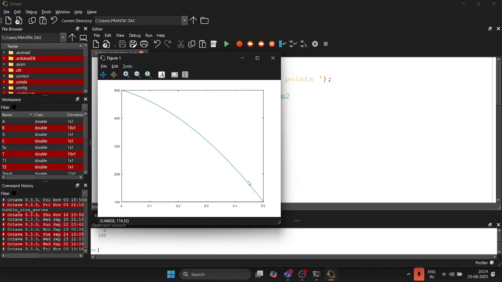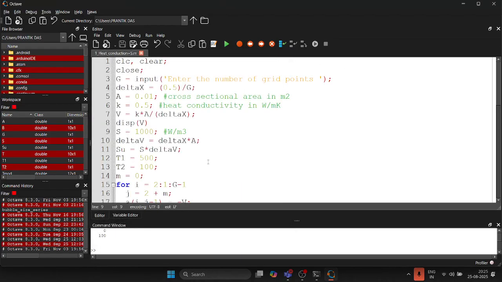So with the introduction of a source term inside the domain itself, the temperature profile becomes a parabolic one. Is it clear to all of you? Yes, sir. Okay, so that's how it works.